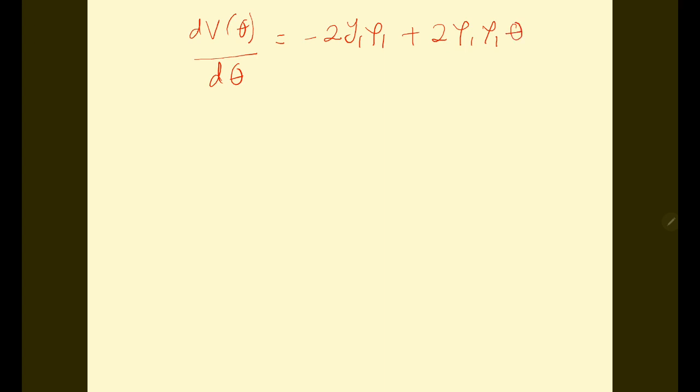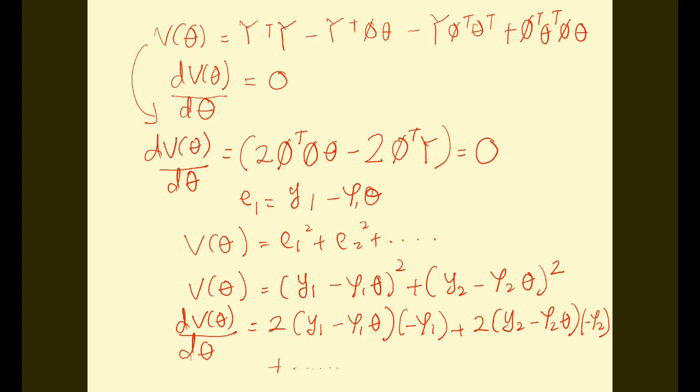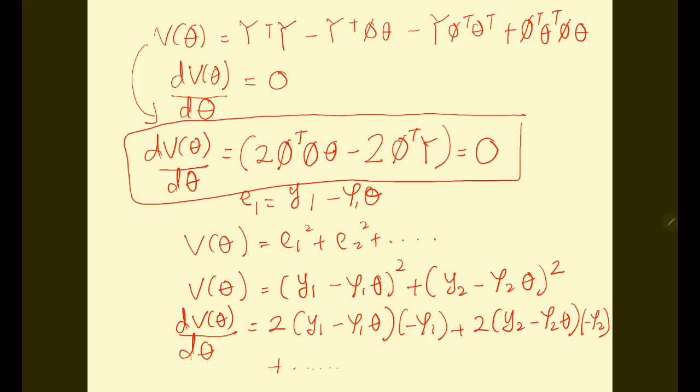Okay, so before we have calculated the first derivation of dV over d theta, 2 phi transpose phi theta minus 2 phi transpose y.